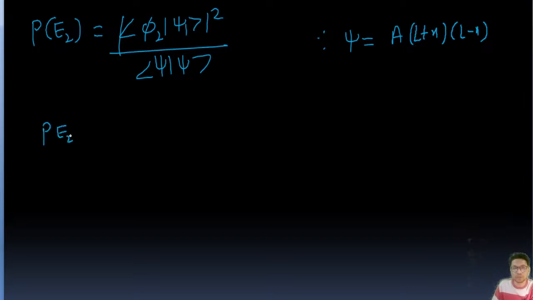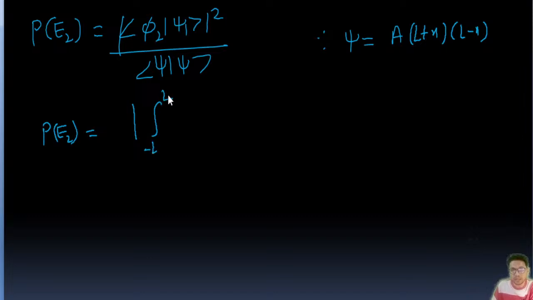So P2 is going to be mod integration from minus L/2 to plus L, because this is the limit, right?